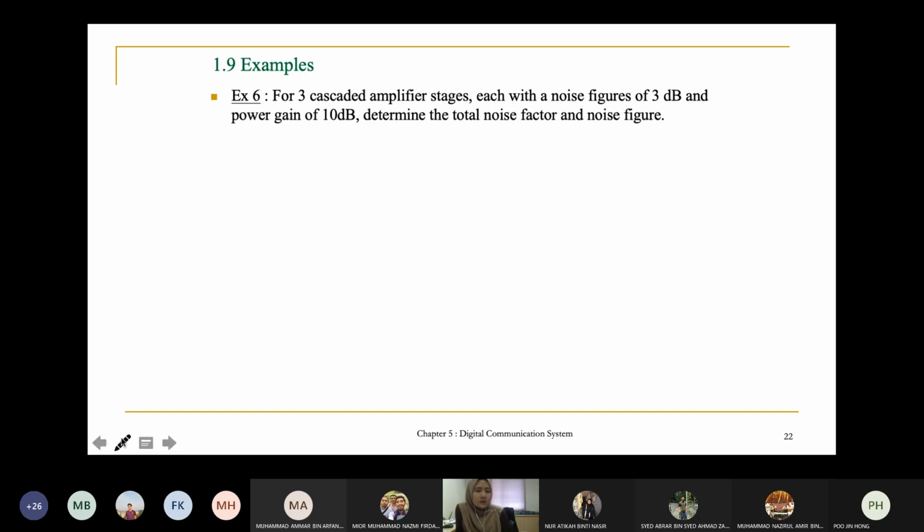So now let's continue with example 6. Saya akan tunjuk macam mana awak akan guna Friis formula to solve for example 6.